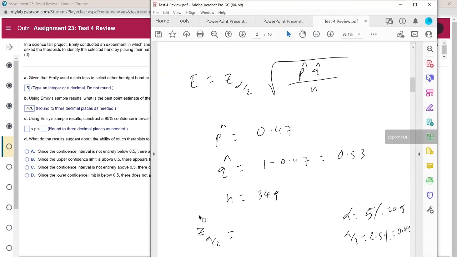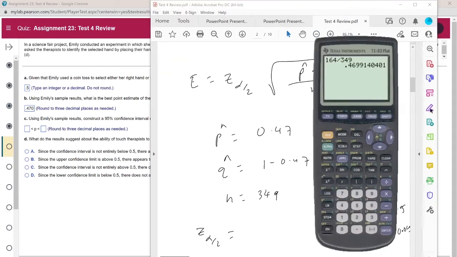When we try to find the critical value, we use the same idea, with this number 0.975, and that gives us 1.96.